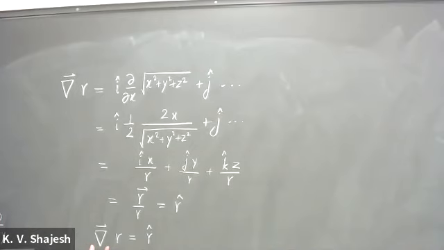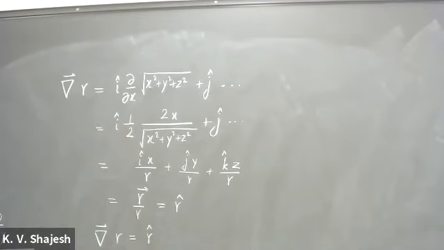Gradient has a meaning irrespective of which coordinate you are in. r has a meaning irrespective of which coordinate you are in. r hat has a meaning. So in that sense, this is a geometrical identity rather than a vector identity. Right? So this is more powerful than doing the actual derivatives. So that's your first relation.